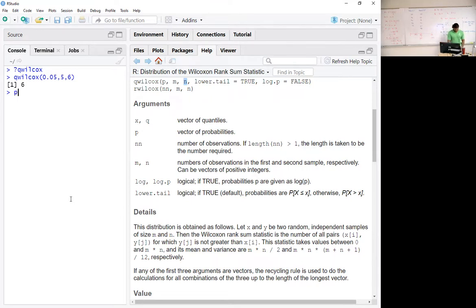So pwilcox, U prime, which is 8. M is 5, n is 6. P-value is 0.1233. Again, is 0.1233 bigger than alpha? Alpha is 5%. I get 12.33%. Same conclusion. Do not reject null. Not enough evidence to support the claim. Good.